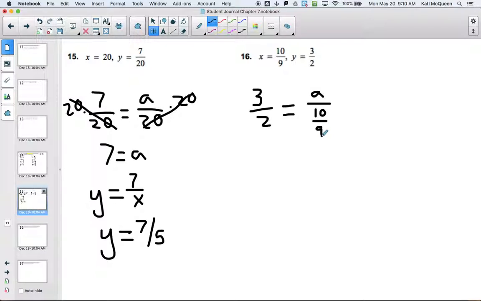Okay, so here, I'm going to multiply each side by 10 ninths to get rid of that denominator. Don't let the fractions scare you. So this all goes away. And over here, we're multiplying by 10 ninths. Okay, so I've got a fraction.